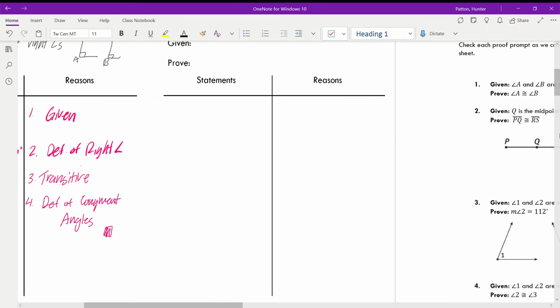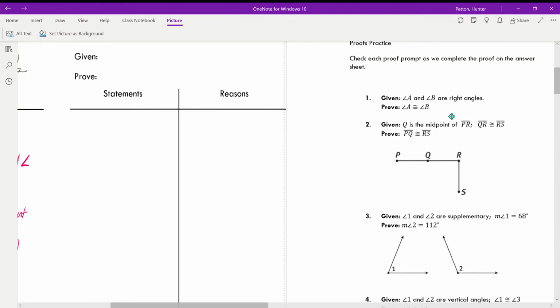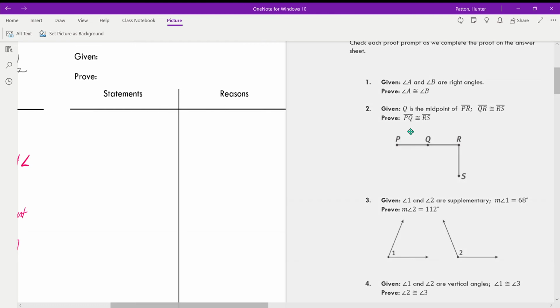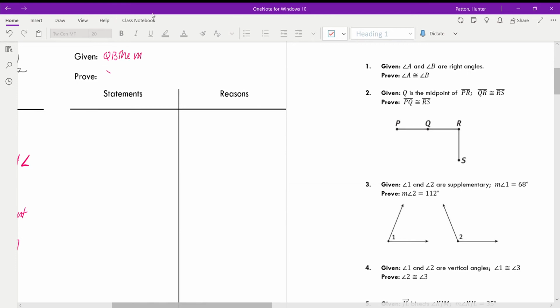Alright, number two says, given that Q is the midpoint of PR, so let me draw that. So Q, let me go up a little bit with this. Q is the midpoint of PR.